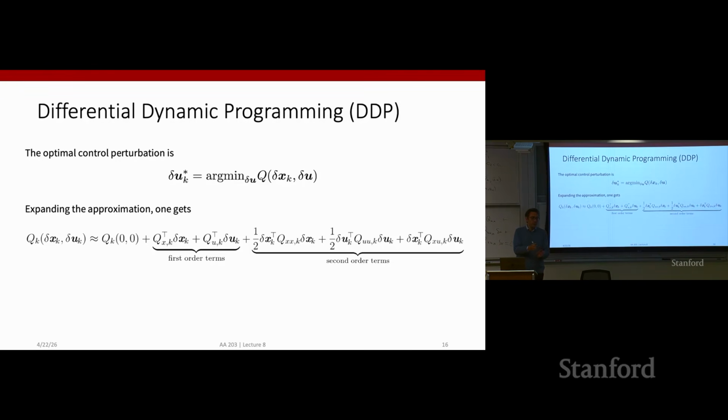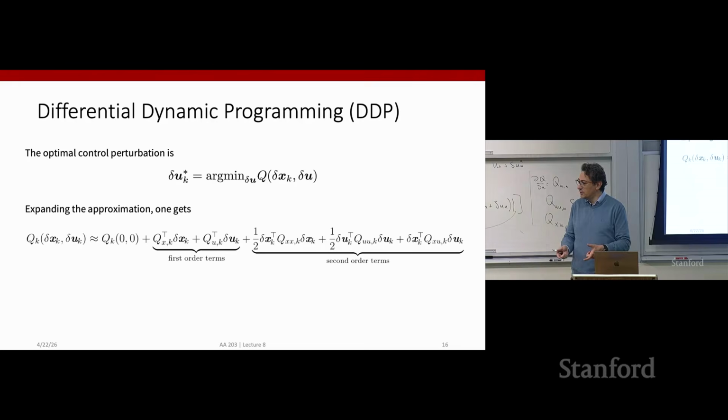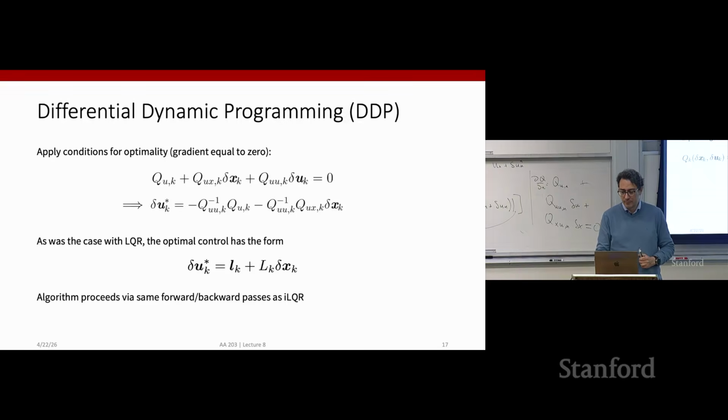So basically what you're doing in differential dynamic programming is to approximate the right-hand side of the Bellman equation by quadratizing the Q function, solving for the optimal delta u with respect to that quadratized version of the Q function, get the optimal delta u, plug it back into the cost function so that you have actually a quadratic cost to go, and then go one step backward.